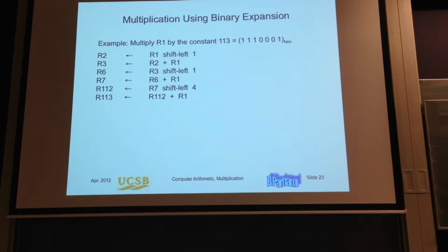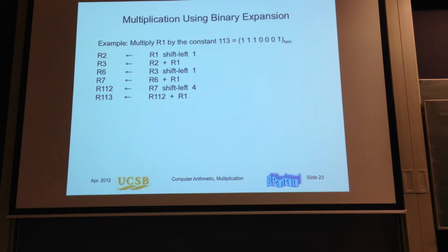I will use some kind of instructions, and I'm emulating that in software. Because my constant is known beforehand, this is the code that the compiler will generate. Then I am doing a shift, an add, a shift with 4 positions and an add.